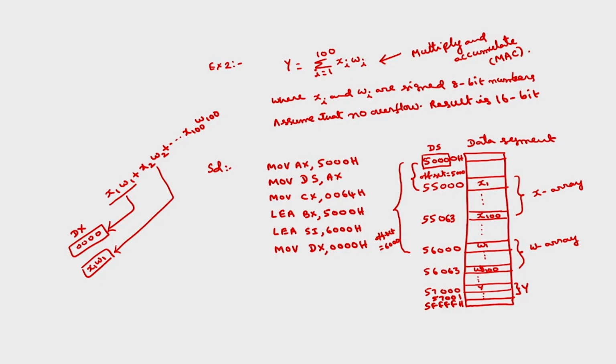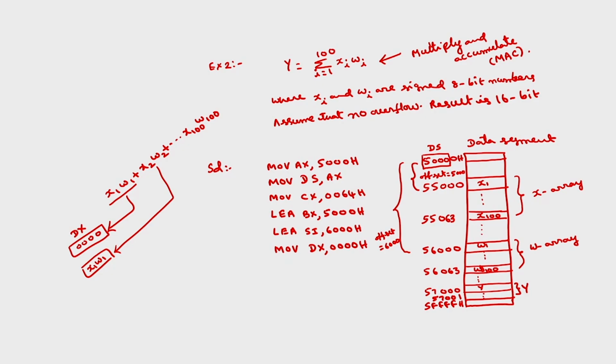After the first iteration I will add x1 w1, so 0 plus x1 w1 will be x1 w1 itself. In the second iteration, the contents of DX plus x2 w2: the previous contents will be x1 w1, now x2 w2. The sum of these two, this partial product, will be stored. After the 100 iterations, DX contains the total sum that I am going to store in two consecutive locations.